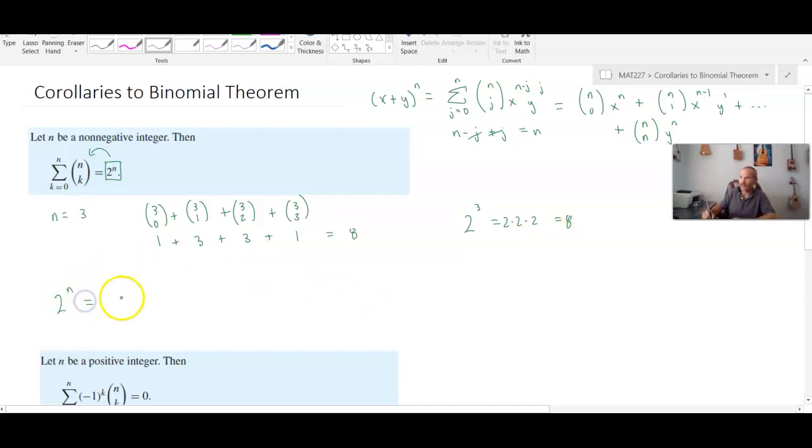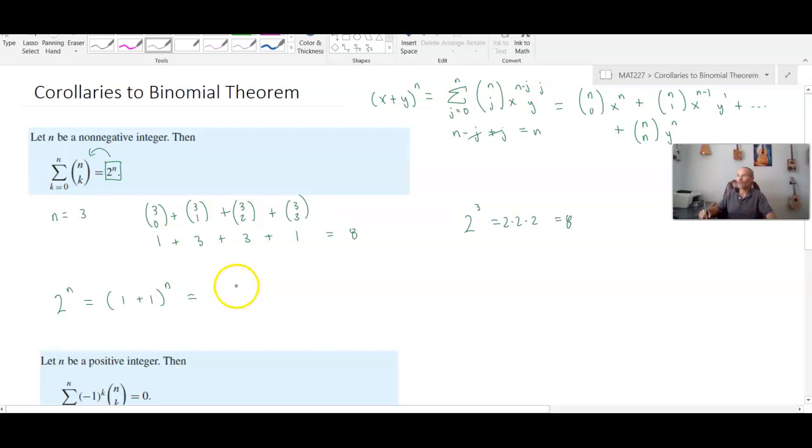2 to the n is really, another way of writing that is 1 plus 1 raised to the n power. Okay, well, by the binomial theorem, what I could say is that if I have some number plus some number to the nth, that's going to be the sum from j equals 0 all the way up to n of this expression here, where our x and our y are both equal to 1.